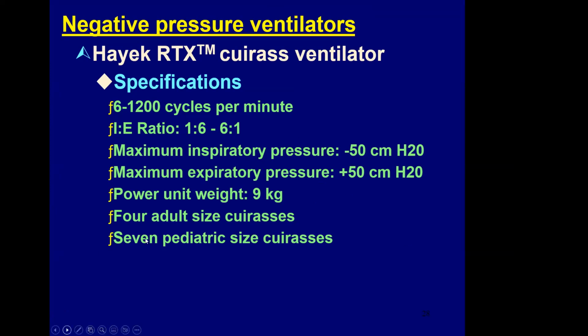The weight of the power unit is 9 kilos. There you go, 20 pounds. There are 4 adult-sized cuirasses and 7 pediatric-sized cuirasses, so it should be quite doable to find the correct size for just about any patient.